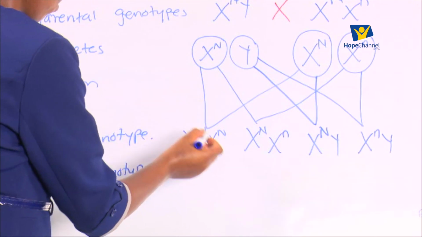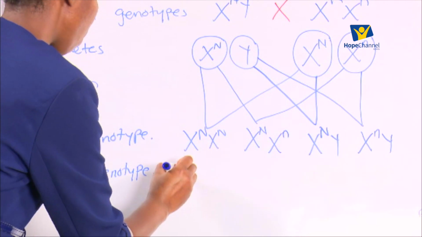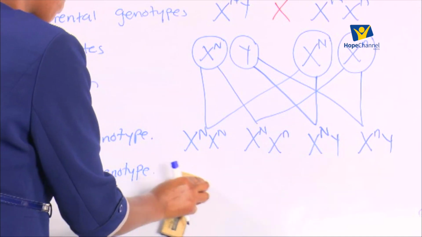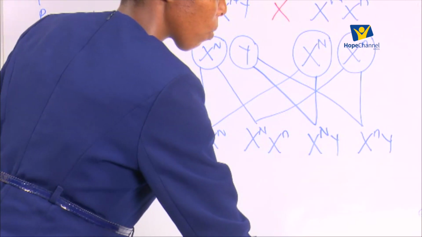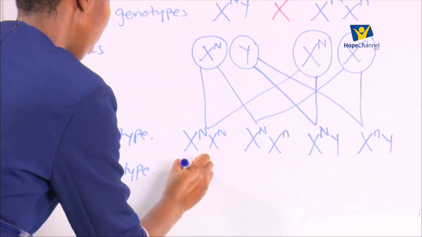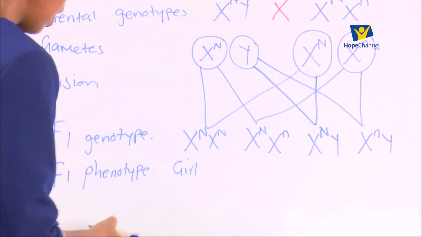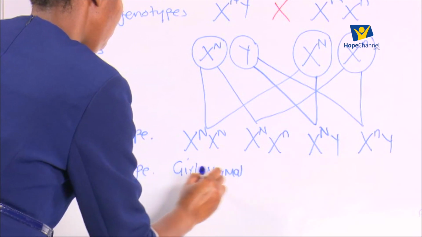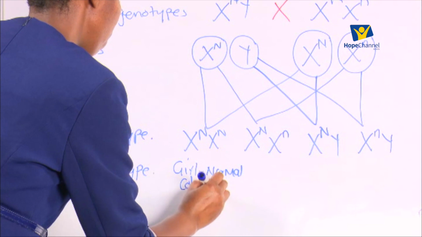So this is a girl. Because we are dealing with the X and Y, it's always good to identify the sex. So this is a girl or a female with normal color vision.